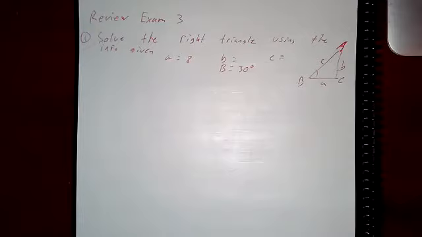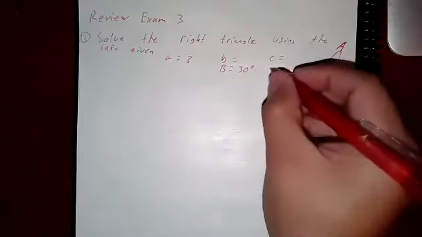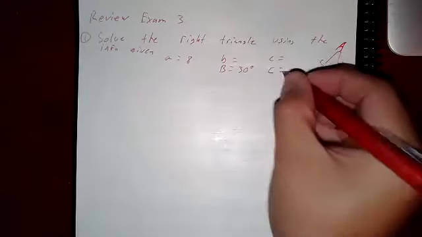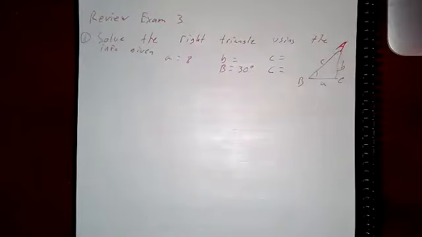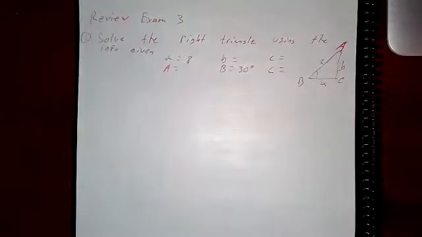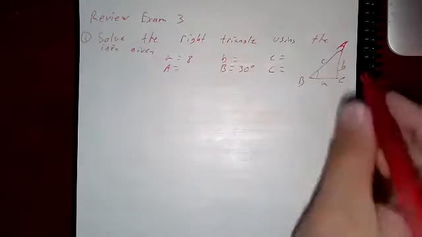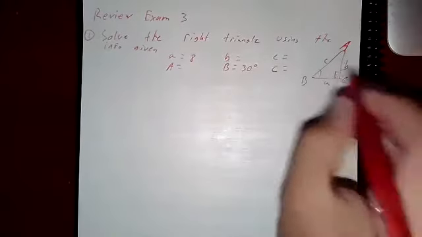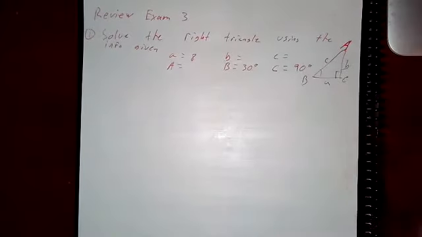So I cannot do Pythagorean theorem because I'm missing two sides. I can't do the law of sines because I don't have the opposite angle, but we could figure it out, right? Because we know that this is the right angle here. So this should be 90, which means that capital A has to be what? 60.